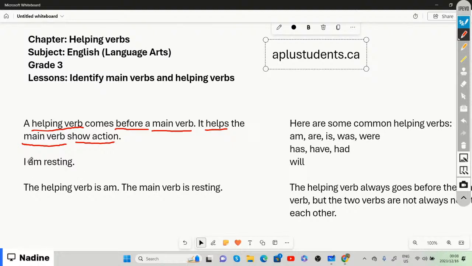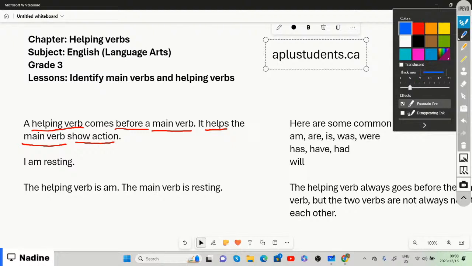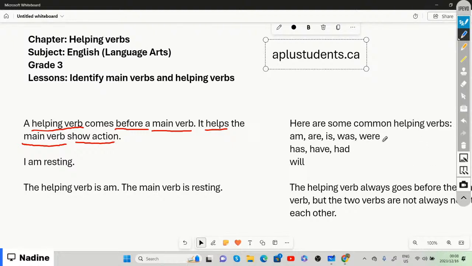For example, I am resting. I'm going to highlight the main verb with a different color. So our main verb is resting. It's something that we are doing. It's resting, right? So this is the main verb.